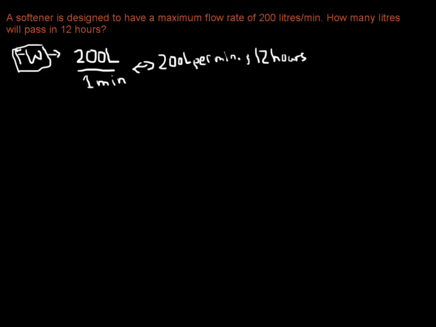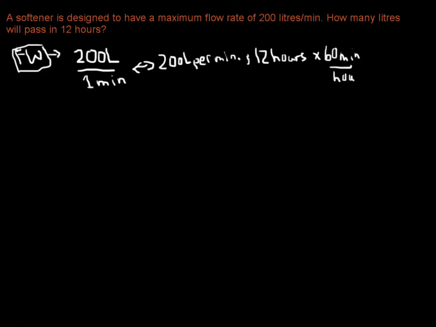You could convert the rate into liters per hour and keep the 12 the same, but in this case it would be a lot easier to keep the rate as liters per minute and convert the total time from hours to minutes. So we'll multiply 12 hours times 60 minutes per hour.